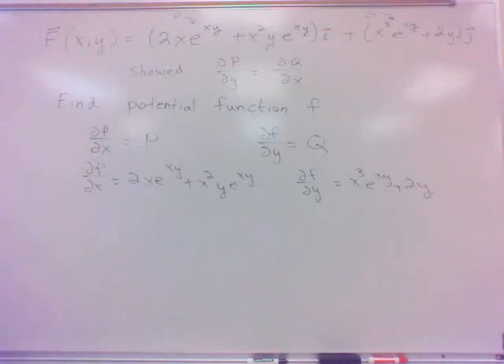Okay. So we know that's the relationship that we need these things to have. All right, well, what we then want to do is integrate one or the other. It doesn't matter which one; we can pick and choose. Since this one is the partial with respect to x, we'd integrate it with respect to x.